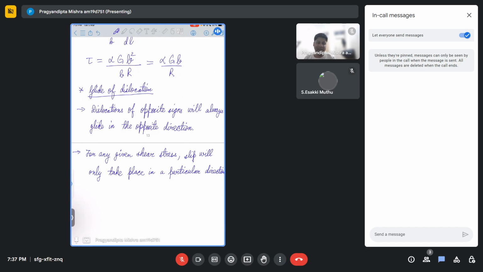Slip will happen only in one direction. It will not change direction suddenly. It will only happen along one particular direction.